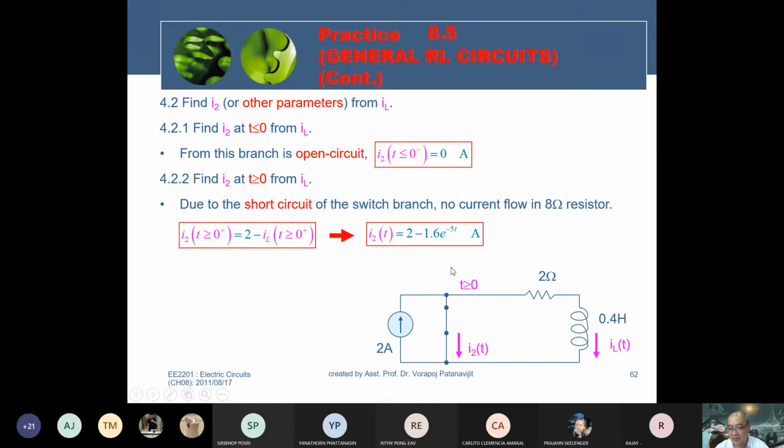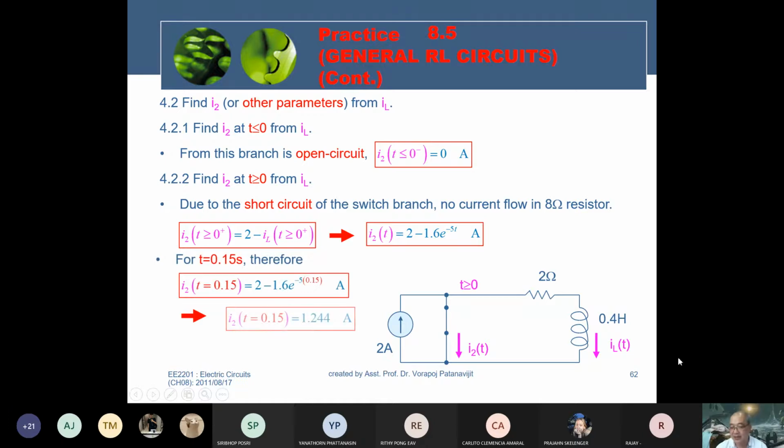IL, you know about them, you can write them. I2 is 2, therefore I2 equals 2 minus 1.6 e to the power of minus 5t. In this case, you can see that as time runs, the power from the inductor will be depleted.